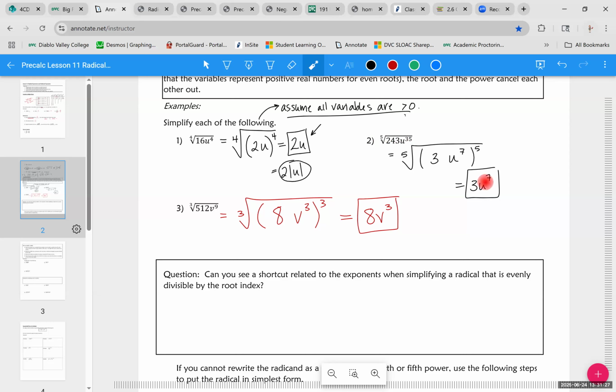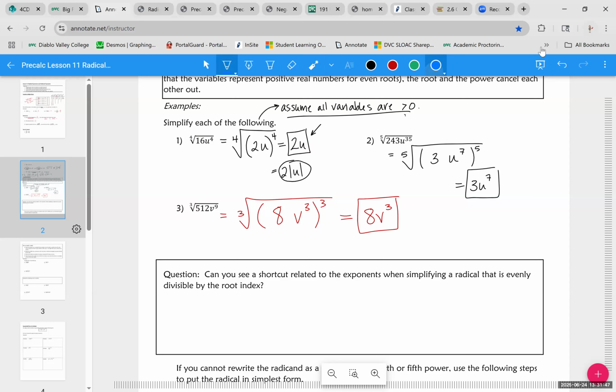How do these numbers relate to this one? Does that continue here? I had a 9th power cube rooted, ended up in a third power. It's division, right? 35 divided by 5 is 7. 9 divided by 3 is 3. 4 divided by 4 is 1.